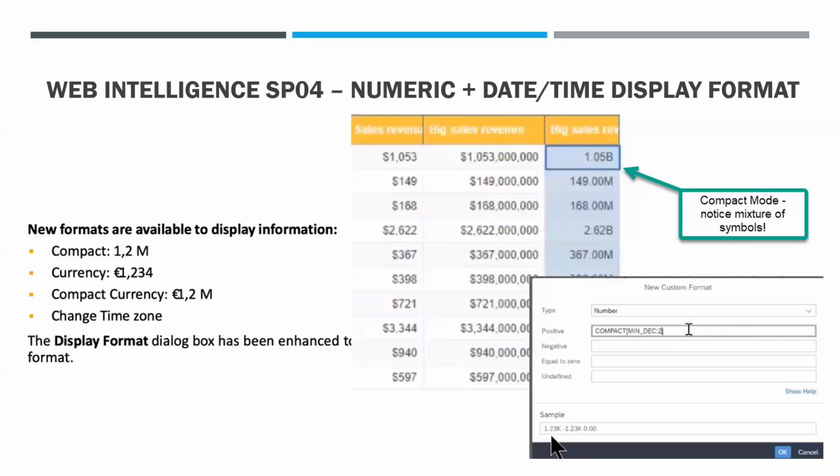That's what we couldn't do. It was really a hack. So now they've given us this new compact view of the data, and you can specify in there how many decimals you want to show, things like that.